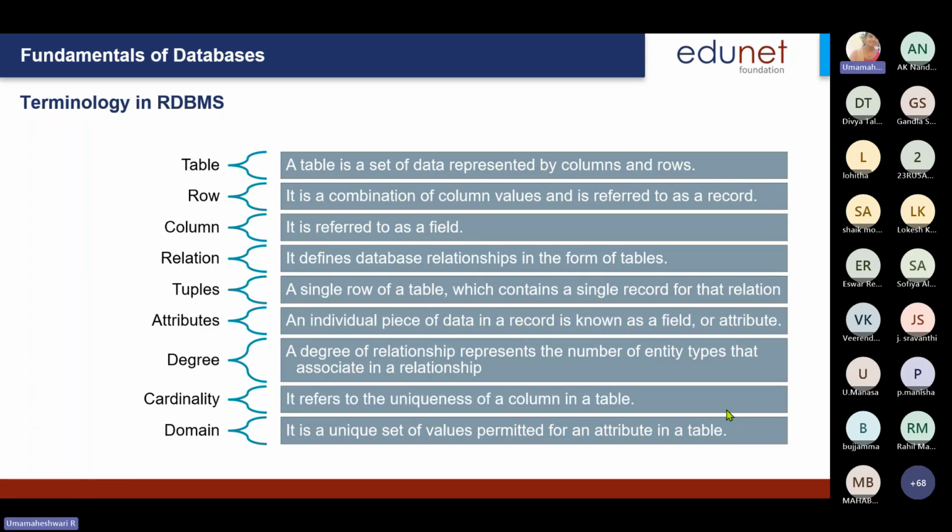So what are rows first? A row is a combination of column values, and that is referred to as a record. So in a row, we have multiple columns, right? That is called a record. And a column is referred to as a field.